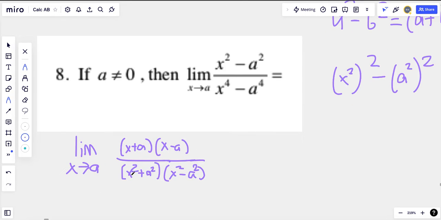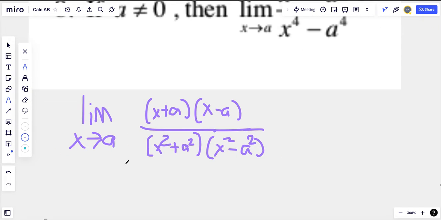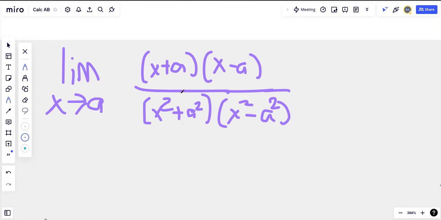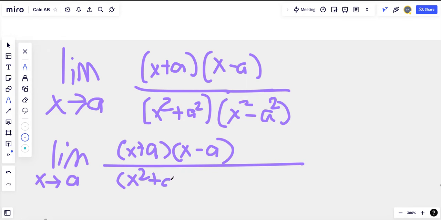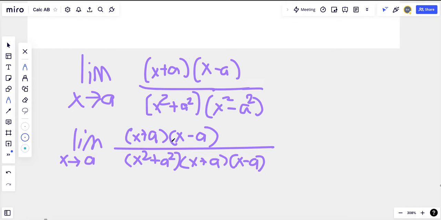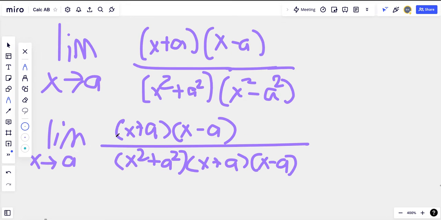And now we see we don't get to cancel out anything, so we should factor this again because we still have a difference of squares. The whole point of factoring is so that we can cancel out terms. And from here we can definitely see we can cancel out a lot of things. So we can cancel out the x plus a with the x plus a and the x minus a with the x minus a.